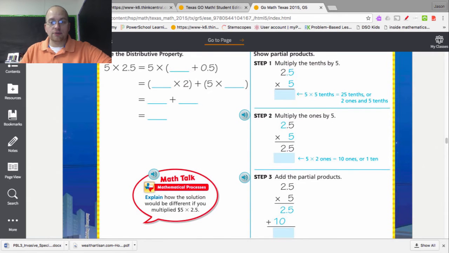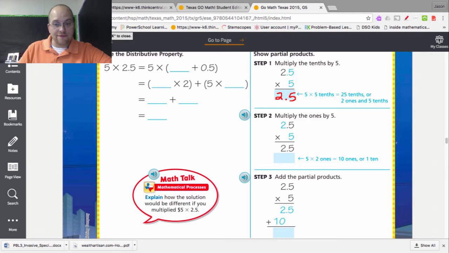We can show partial products, which is kind of like the standard multiplication algorithm. And what we're going to do is say 5 times 5/10 is 25/10, or it's 2 and 5/10. That's 5 times 5/10.